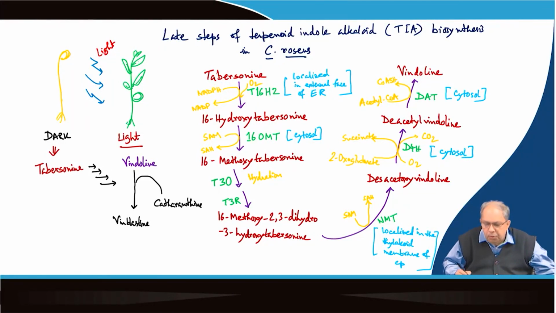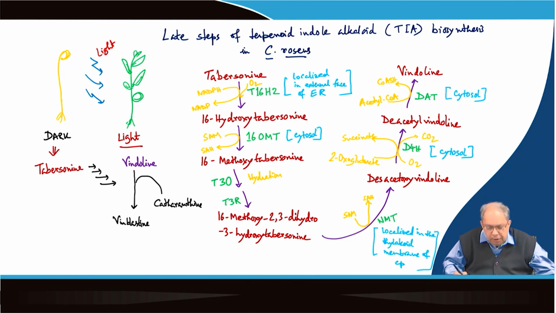So, this is what I have covered in one of the previous classes, where I have shown you that tabersonine is converted to vindoline through multiple step reactions, sequentially formation of 16-hydroxy tabersonine, then 16-methoxy tabersonine, and then it forms 16-methoxy 2,3-dihydro 3-hydroxy tabersonine, and this step requires two enzyme activities.